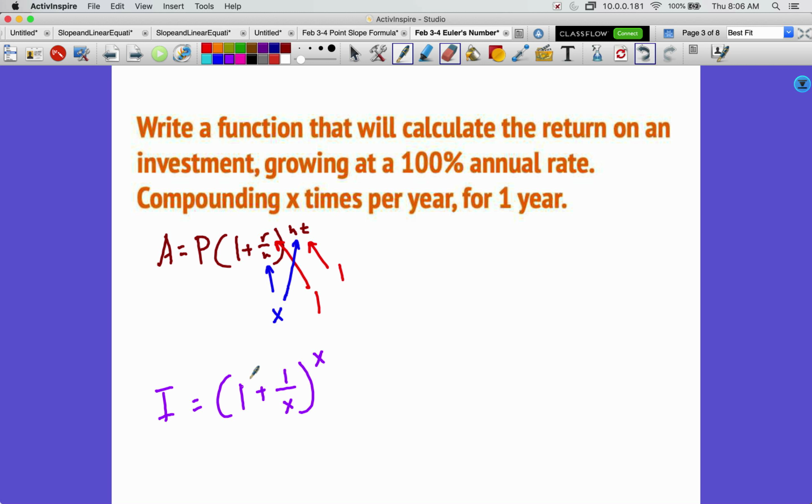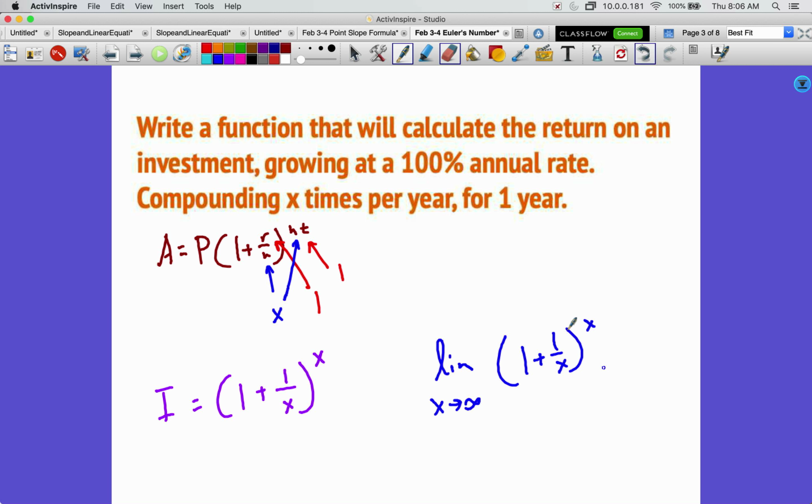So our interest will be 1 plus 1 over X to the power of X. All right. Now what happens? What is the limit as X goes to infinity of this function?